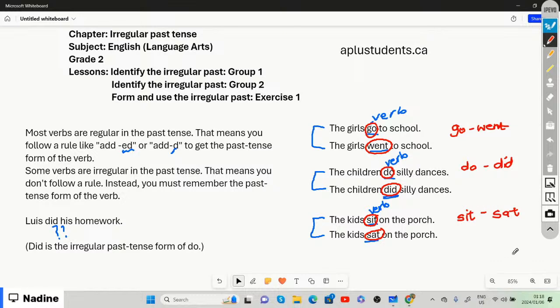So the spelling changes in these words. So all you need to do is remember the past tense form of the verb. And that is when it comes to irregular past tense. There's no rule that we follow at all. You are just going to have to remember the past tense form.